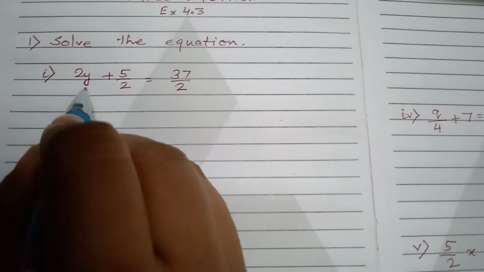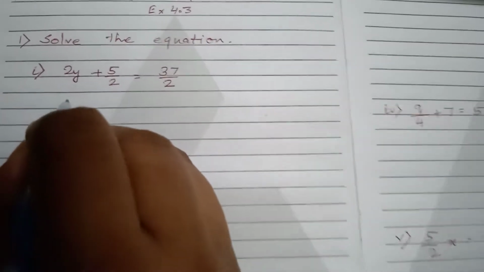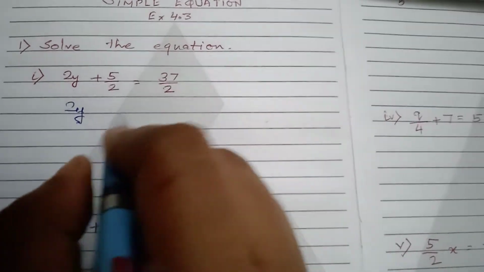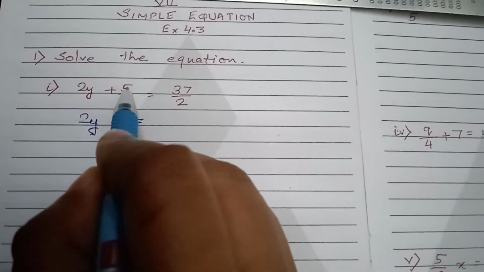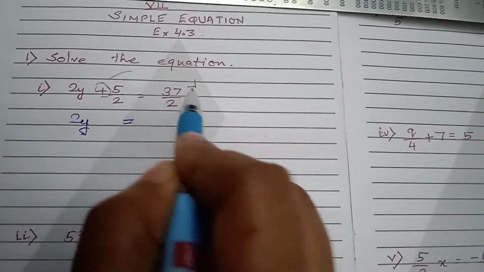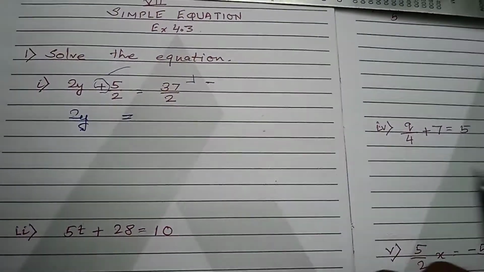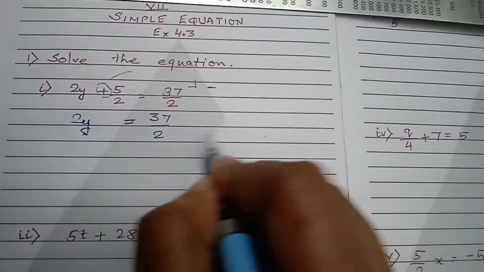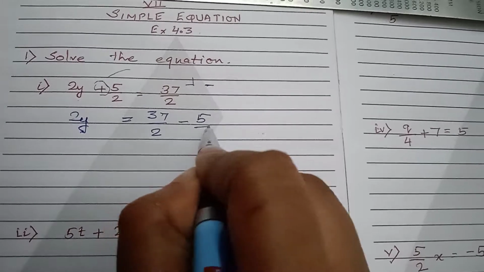Usually I will keep y on one side, the literal value on one side: 2y is equal to plus 5/2. When it goes on the other side, it gets transformed to minus. So that will be 37 by 2 minus 5 by 2.